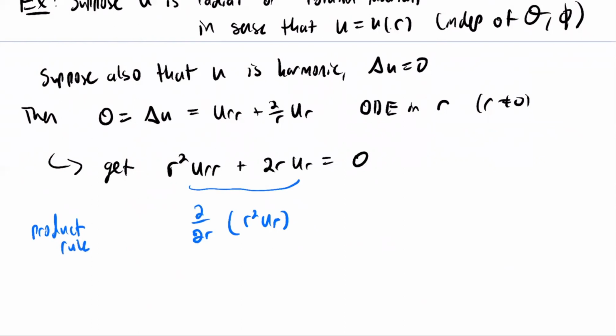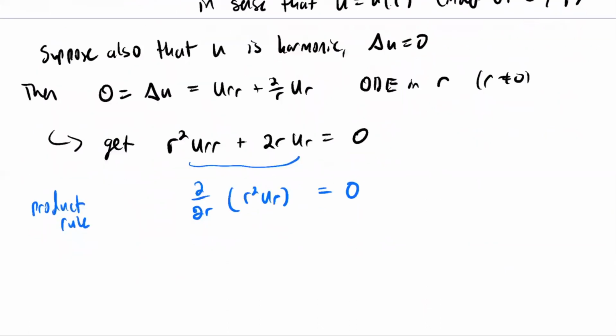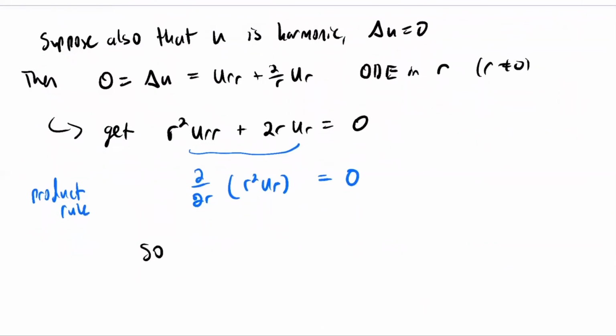And so this tells us, well, if the quantity in parentheses has derivative equal to 0, then the quantity in parentheses has to be a constant. So this tells you that R squared UR is equal to some constant C1. And so UR is given by C1 over R squared.